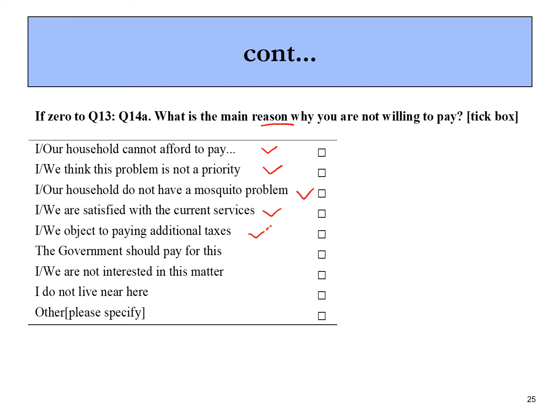And don't forget to put one item for others and specify the reason, because sometimes we may not know their reasons for not paying for this proposed project. So just give a blank space so that they can state their own reason. Okay.